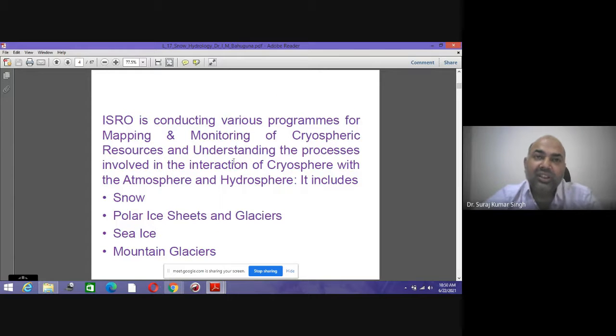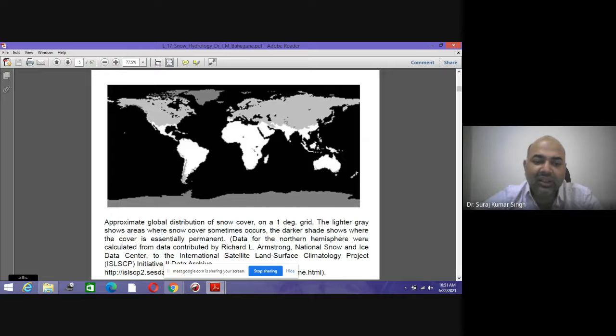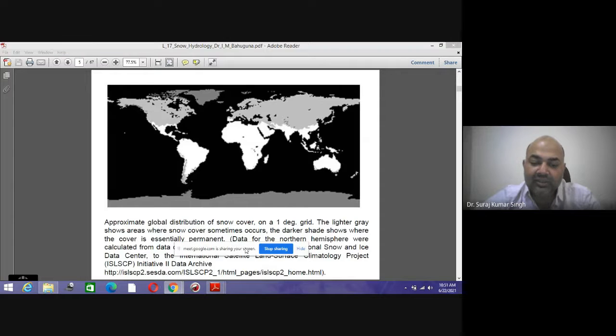So ISRO is conducting various programmes on mapping and monitoring of these cryospheric resources and understanding the processes that are involved in cryosphere and hydrosphere. That includes snow, glaciers, sea ice, mountain glaciers. They are the various terminologies that we will be reading in coming slides.